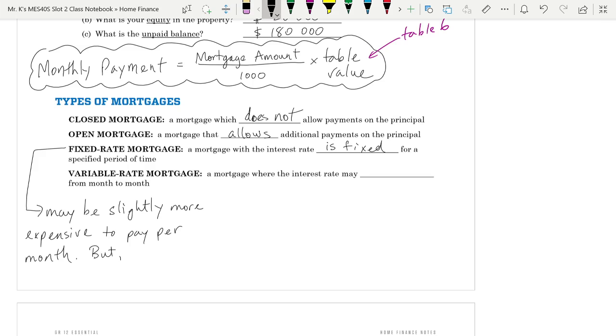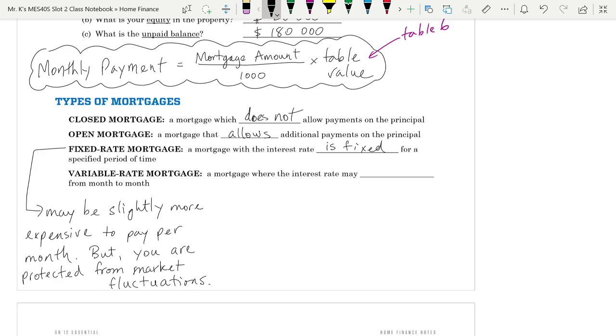But you are protected from market, big fancy word here, fluctuations. Why do I pick words I can't spell? Fluctuations.